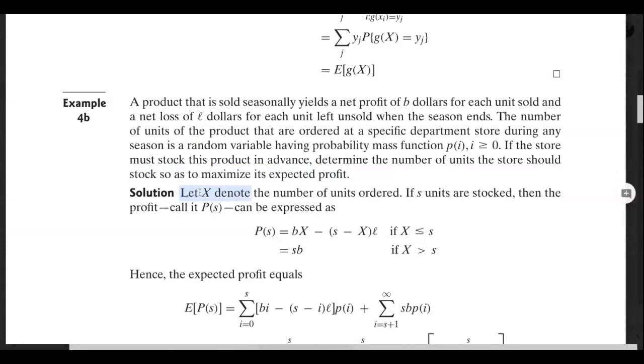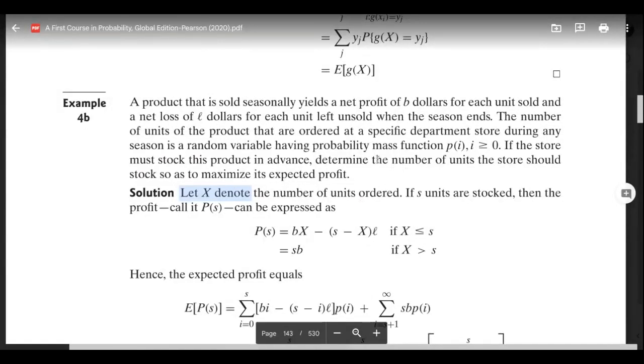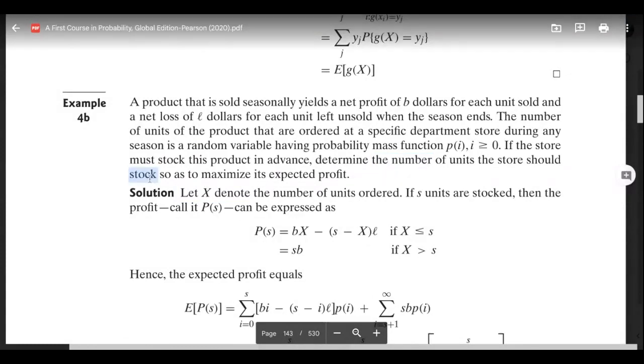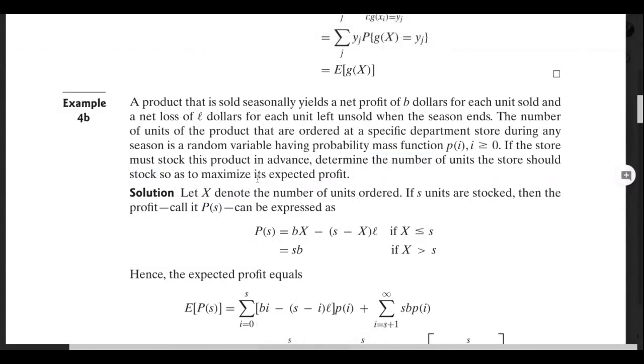All right, so our goal is to determine the number of units the store should stock to maximize its expected profit. So let X denote the number of units ordered.